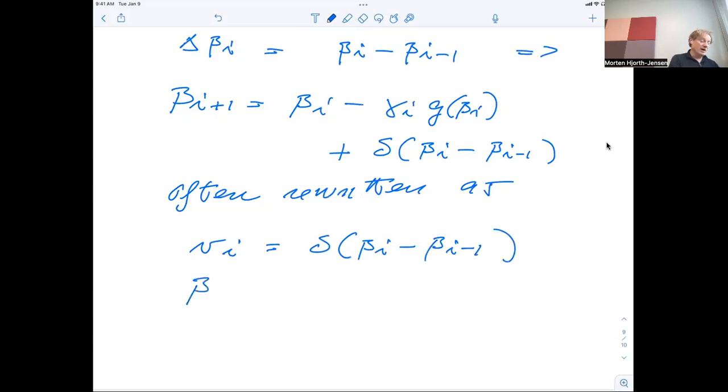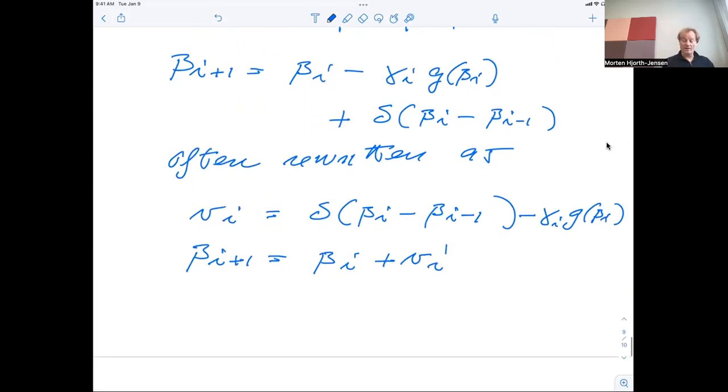And then we would have our parameters beta of i plus 1 equal, and this also has the gradient, minus gamma of i multiplied with g of beta of i. And this is often then rewritten in terms of this parameter v of i. So this is the way you would calculate it.